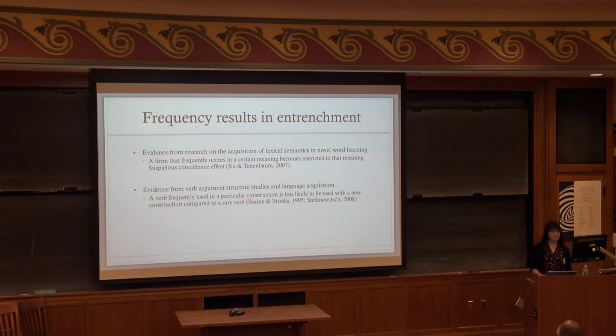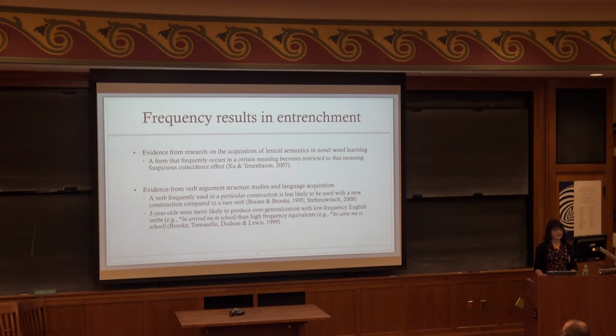This effect is very similar to the entrenchment effect proposed by Braine and Brooks. This is, again, a lot of evidence from verb argument structure studies. Braine and Brooks show that a verb that's frequently used in a particular construction is less likely to be used with a new construction compared to a rare verb. So that's the opposite of the frequency-causing-extension effect.